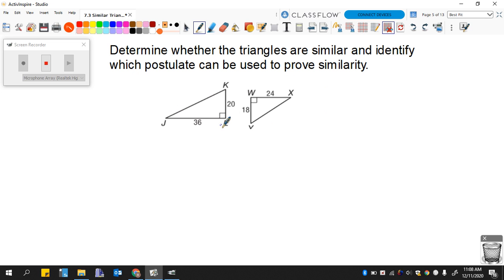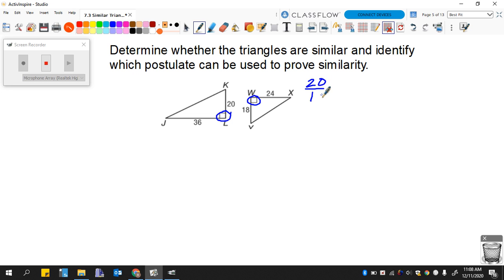This one, we have a right angle that's congruent, and you have sides on either side of that angle. So we're going to check to see if the sides have the same ratio, or are proportional. So we have 20 over 18.